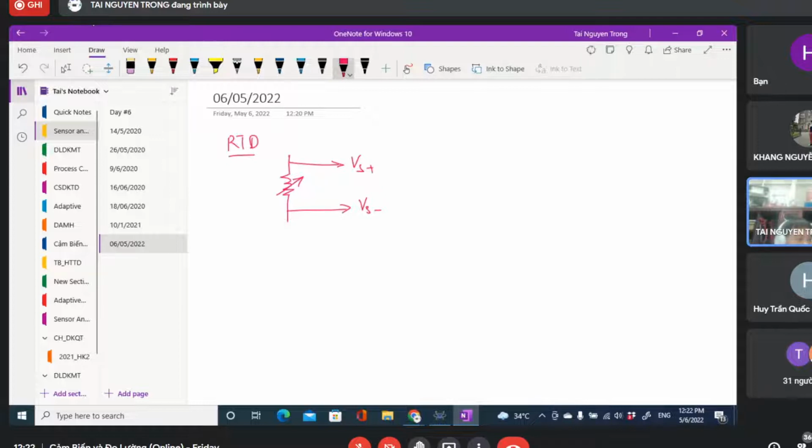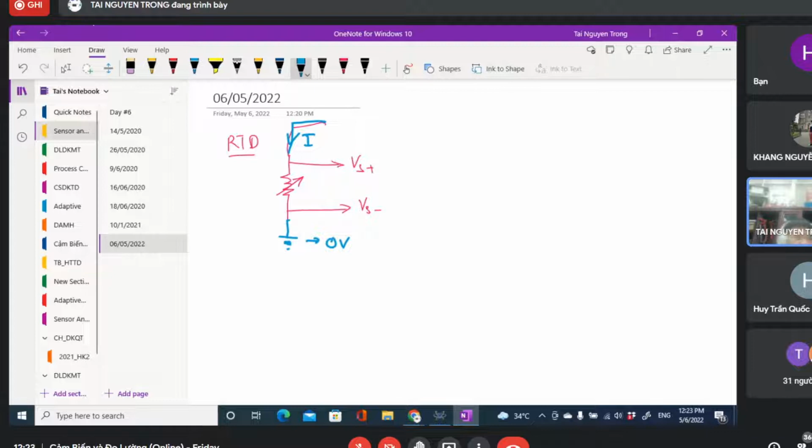To take this output, we need to apply the current I into the sensor, and here is the ground.